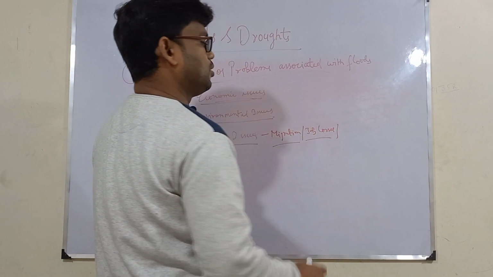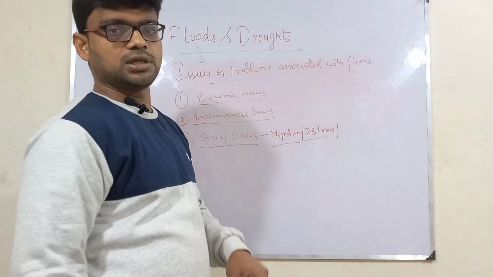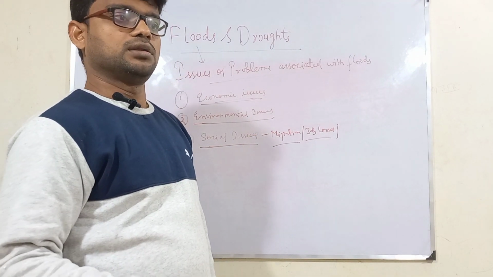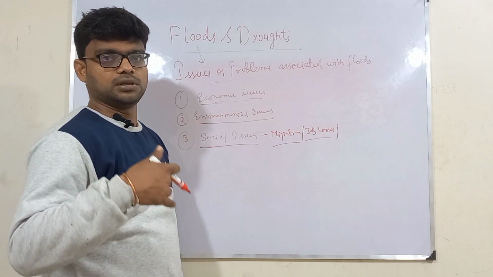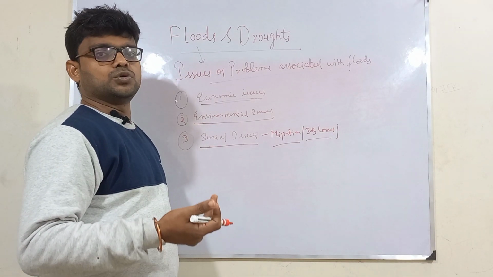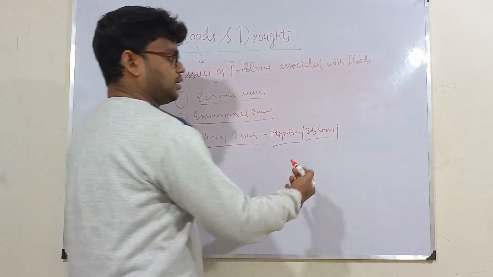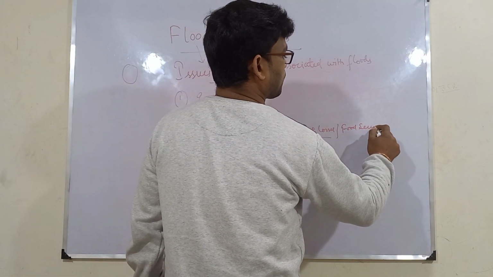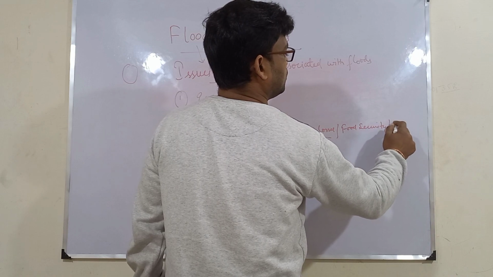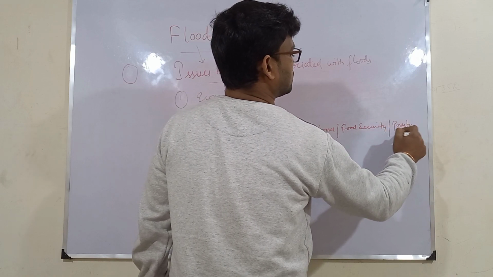Then it also results in reduction in agricultural production, and due to this, their annual income decreases, and that again results in food security or poverty issues.